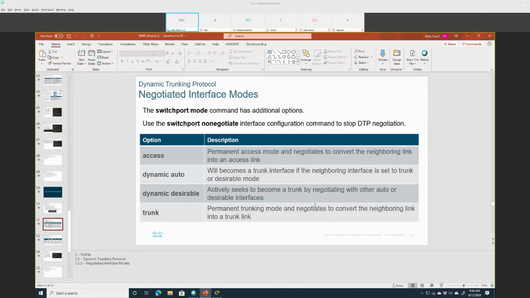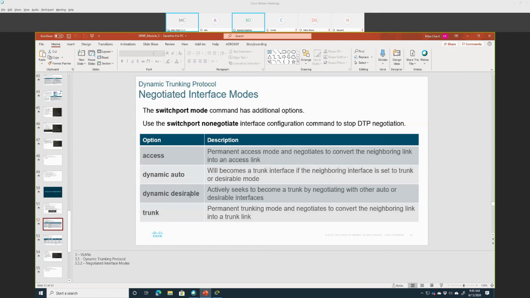So if you have one switch like S2 set on dynamic auto and also S1 set on dynamic auto, there will be no trunk. But if you go to S2, put dynamic auto, and S1 is set to trunk or desirable, then this would become a trunk. Same thing.